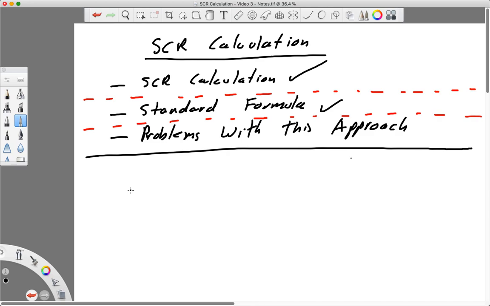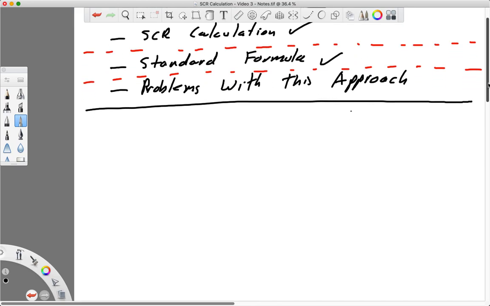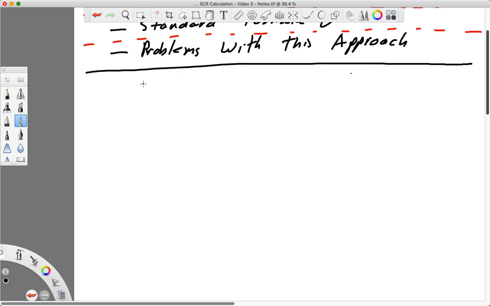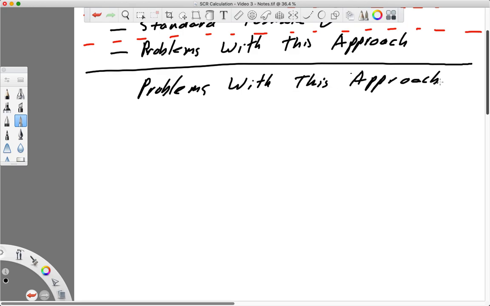Now there are problems with this kind of standard formula approach, so I'm just going to capture three of them here. So this section is problems with this approach.